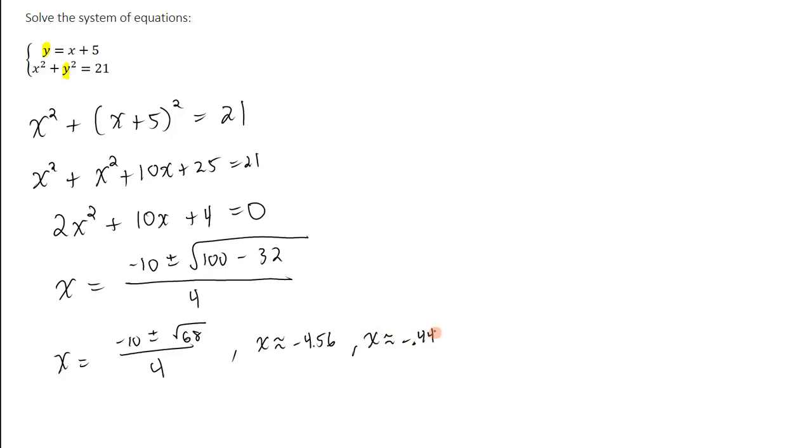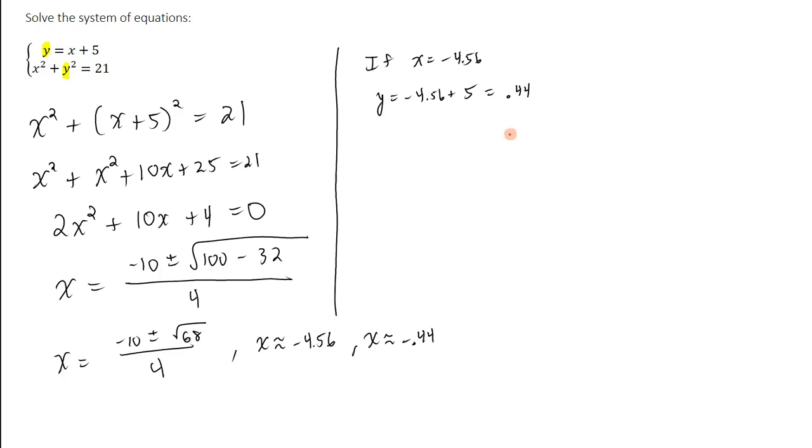All right, so now these are the x values. And we know that y is equal to x plus 5. So if x is negative 4.56, then y would equal negative 4.56 plus 5, which is 0.44.